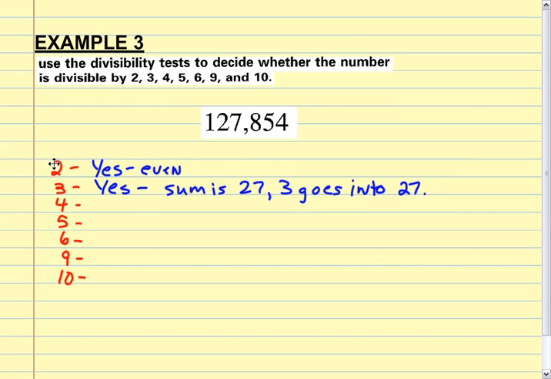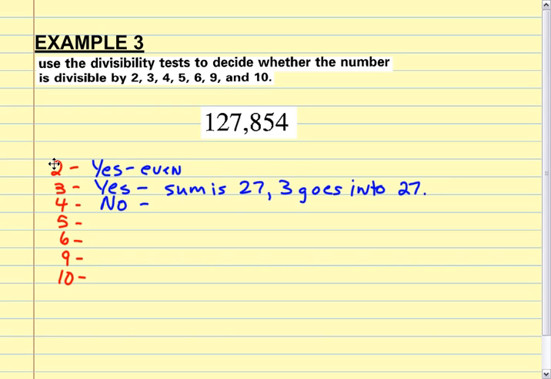T, does 4 go into this number? No, it does not. And why not? Because the sum of the last two numbers is 9. Now wait a minute. For 4, we don't add up the last 2 digits.